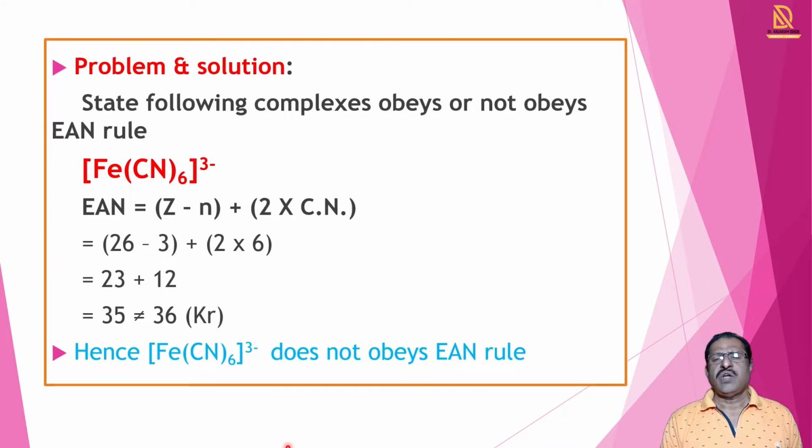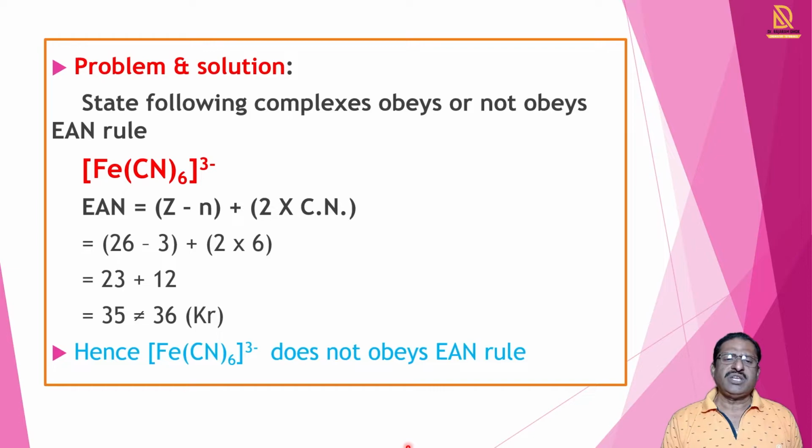If you are asked to solve the problems, whether it obeys the EAN rule or not, or to calculate the effective atomic number, you simply calculate by this formula: EAN is equal to Z minus n plus 2 into coordination number.